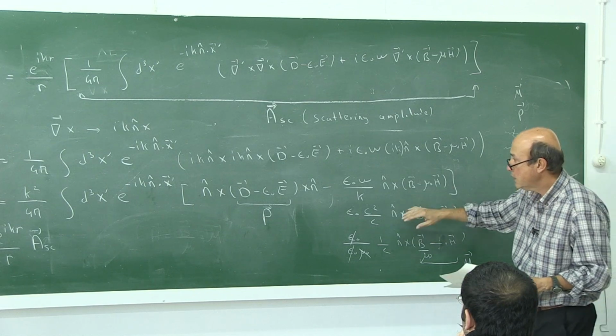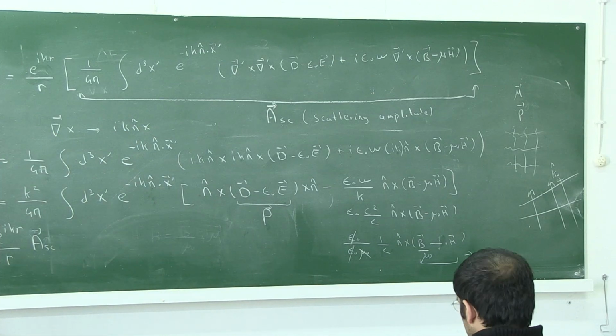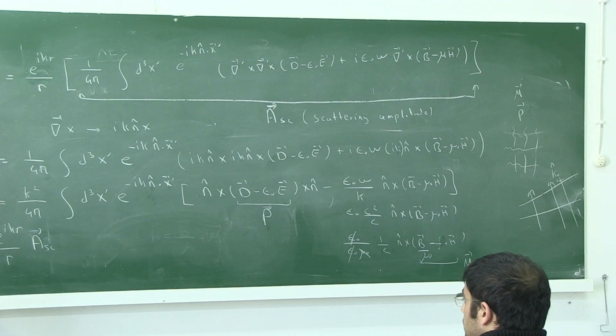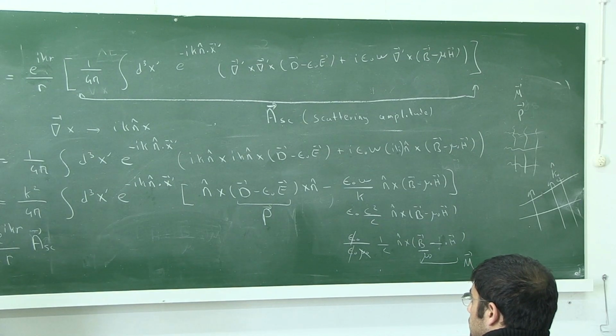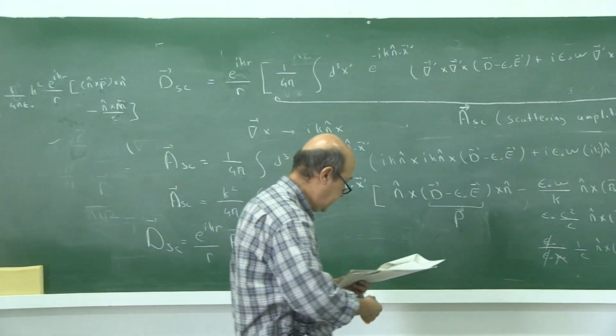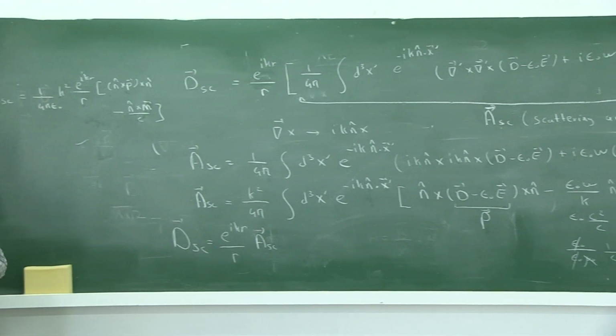And we will try to find the scattering cross-section per solid angle. So the name of the approximation will be the Born approximation. You know the Born approximation in quantum mechanics. This is the classical version in electromagnetic theory. So let us write the scattering cross-section per solid angle.